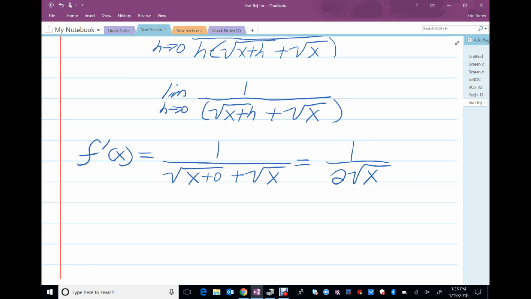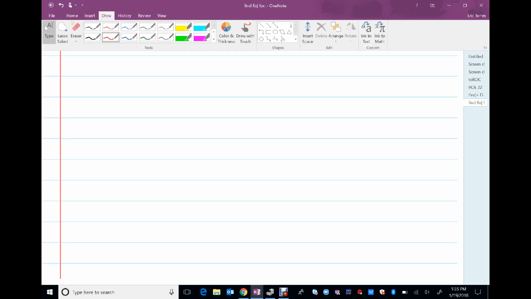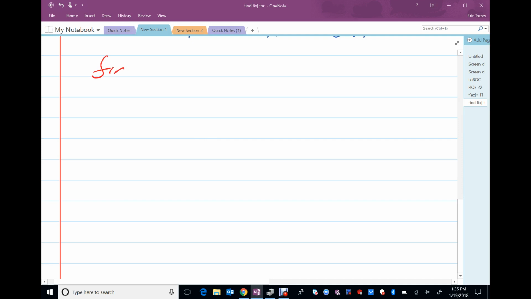I'm going to do one more for you. So we're going to find f prime of x, the derivative, given f of x equals 1 over x. And again, I'm going to use my limit definition to find this.